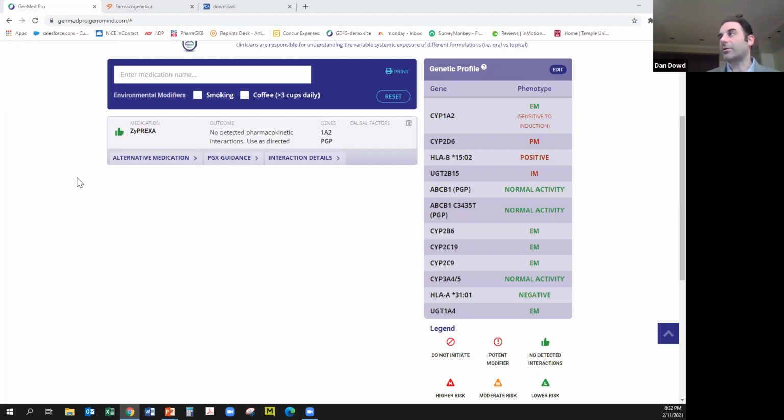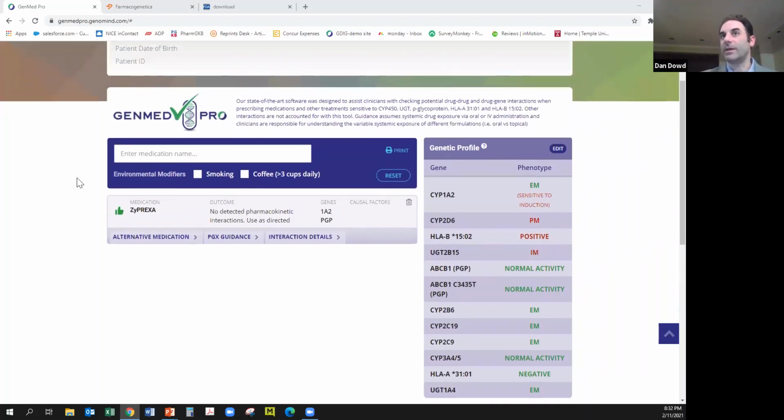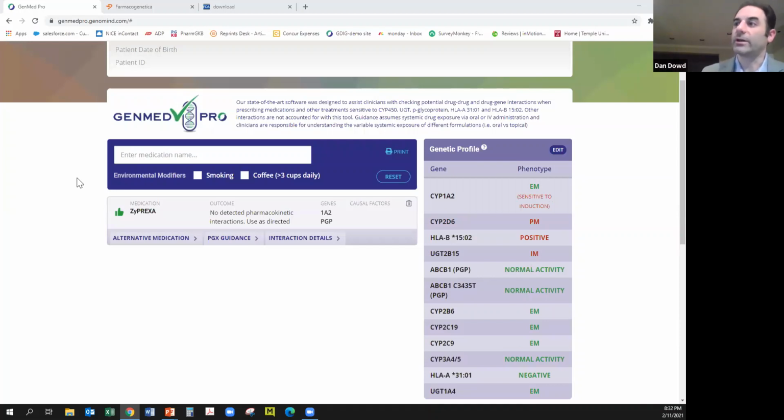The other main barrier is incorporating this information into electronic health records. We have built this tool, this GenMed Pro tool, which is incorporated into some electronic health records. We hope to get it into more so that we make the interpretation more seamless.